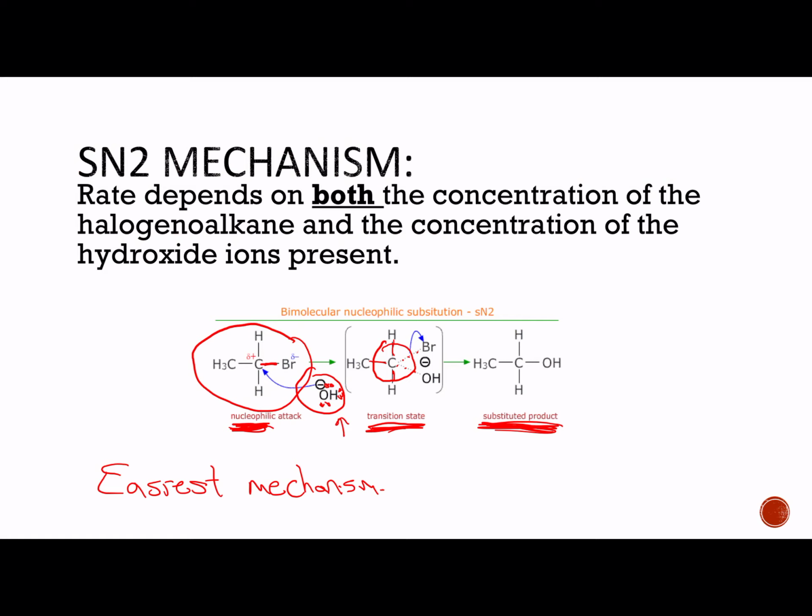Also, if I increase the concentration of my halogen alkane, there will be more available for my nucleophile to attack. And therefore, increasing either of my two reactants will increase the rate of the reaction, which is why, once again, it is called SN2, because both reactants increase the rate of the reaction. The rate is dependent on both.